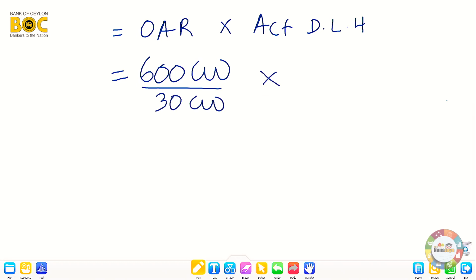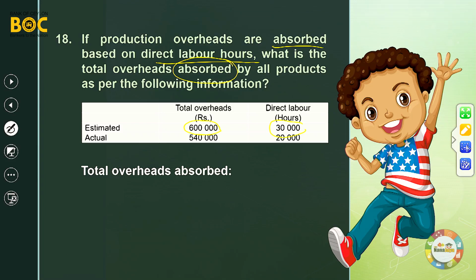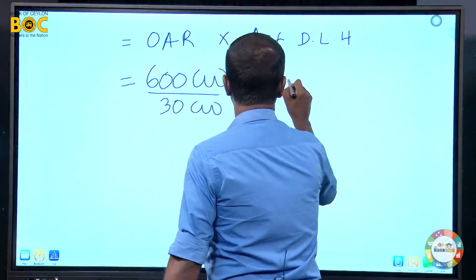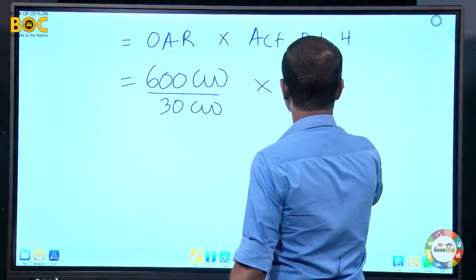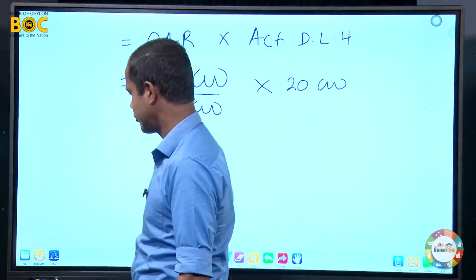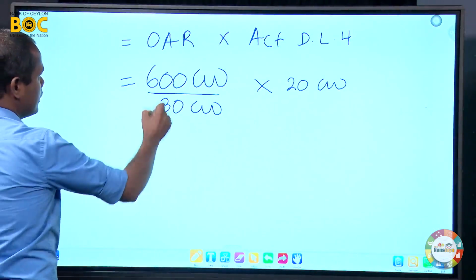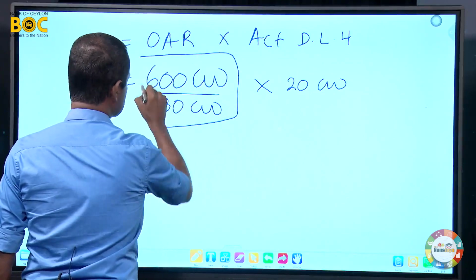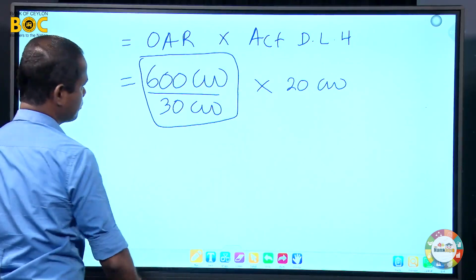Then you multiply by the actual labor hours, which are 20,000.